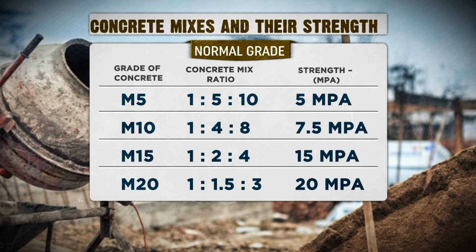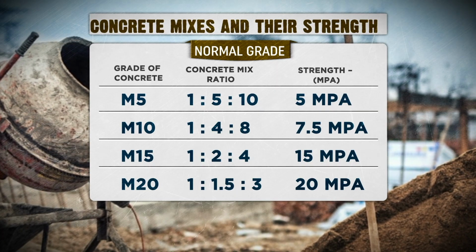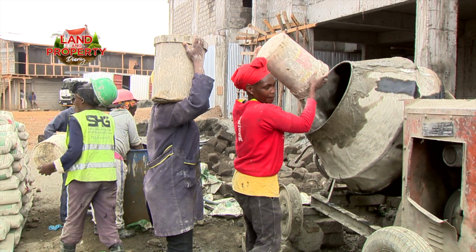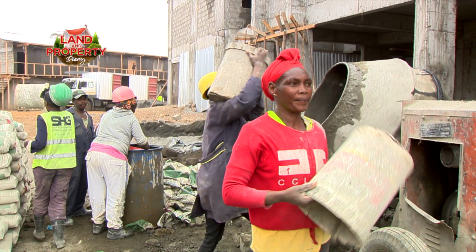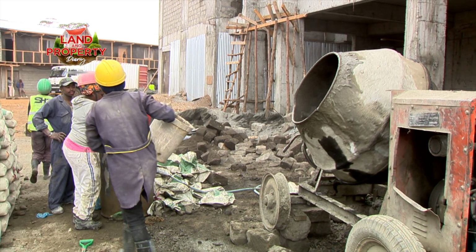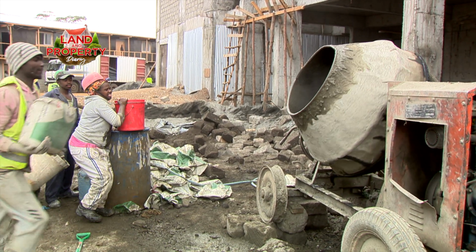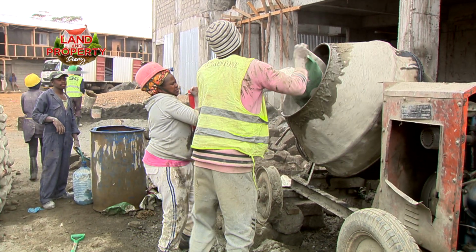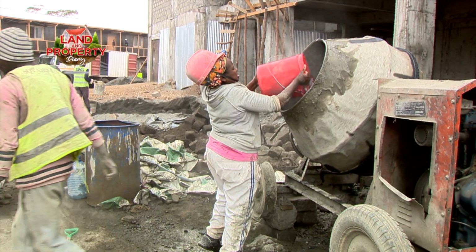When we say ratio, we mean that whatever you're using to measure these elements is the same unit. If it is a wheelbarrow, let the wheelbarrow be used to measure all the elements. That one gives a ratio. So that ratio of 1 to 4 to 8, at the age of 28 days, gives you 10 newtons per millimeter square.